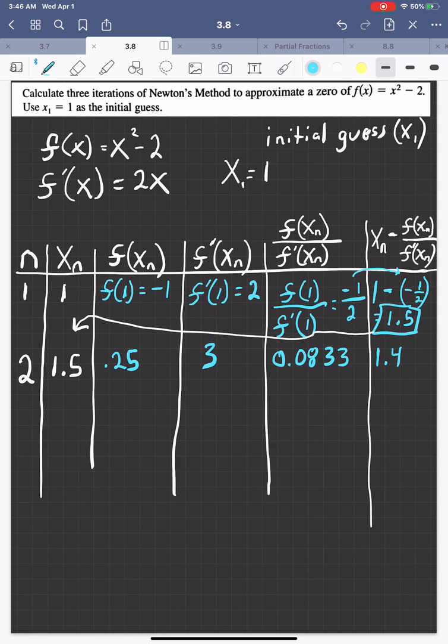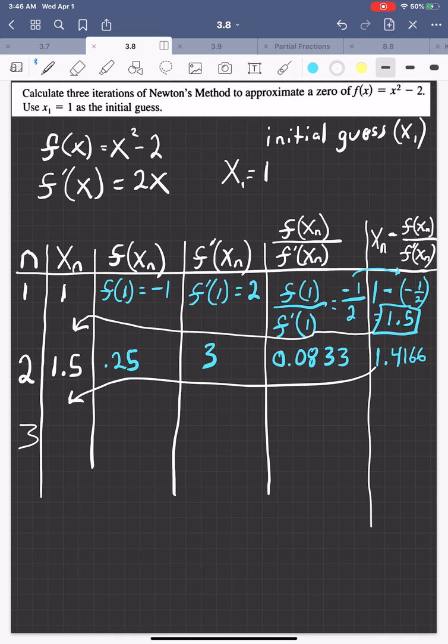I think that's 49. No, I think that's 41. 4166 is what I think we got. All right, so that's the second iteration. We would have one more iteration to do.